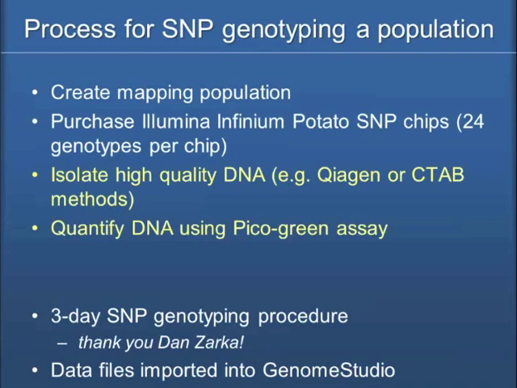Okay, so getting back to the procedure, what we need to have is high quality DNA. It's kind of funny that something that's been around for decades is one of the bugaboos in the whole process, and this doesn't just go for potatoes, this goes for tomatoes too.